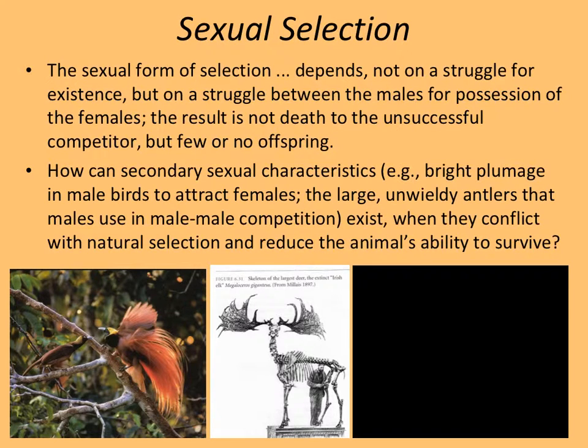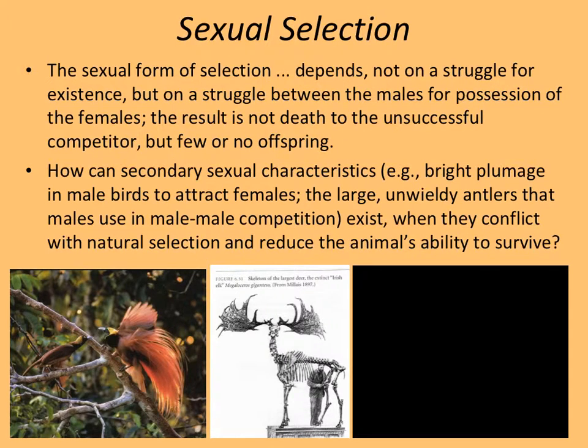Okay, so sexual selection. It depends not on the struggle for survival, but on how well individuals are at getting mates. If the two males are battling together, it's usually based on size, who's bigger and who's stronger.